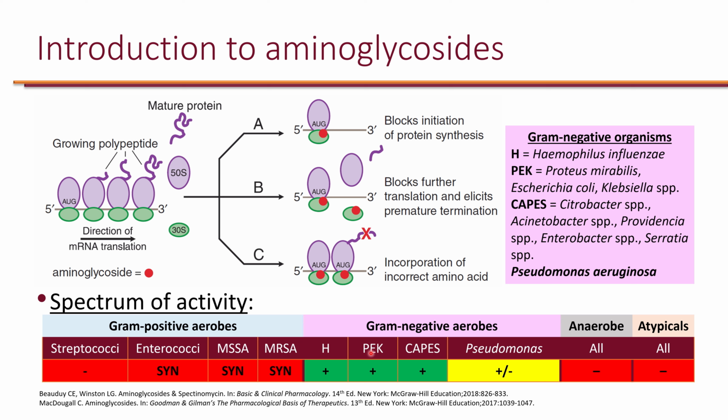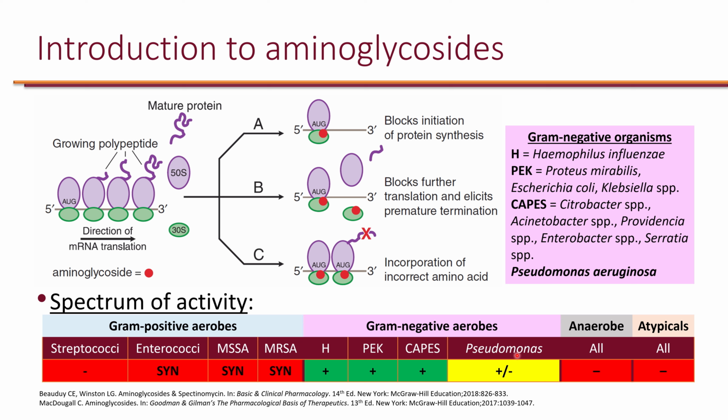So H for Haemophilus influenzae, they have great activity. For Proteus, E. coli, and Klebsiella, and of course for the CAPES organisms, and that's in general. So Citrobacter, Acinetobacter, Providencia, Enterobacter, Serratia. Now some of these can develop resistance, for example Acinetobacter, but there's a good chance that aminoglycosides will be active against these organisms.